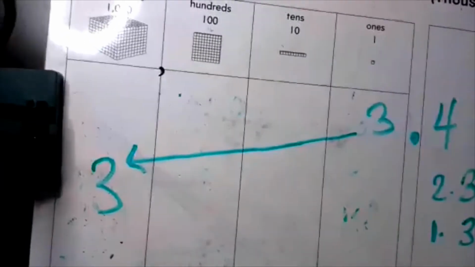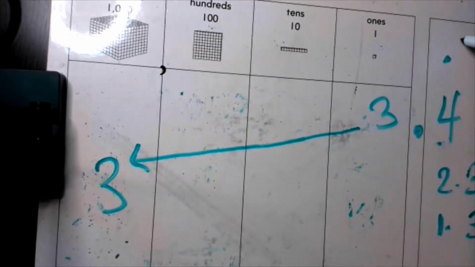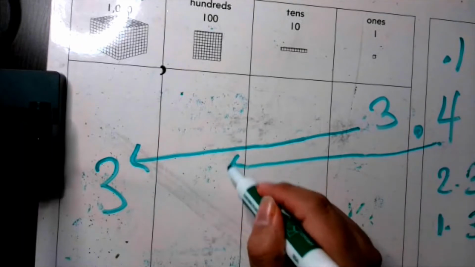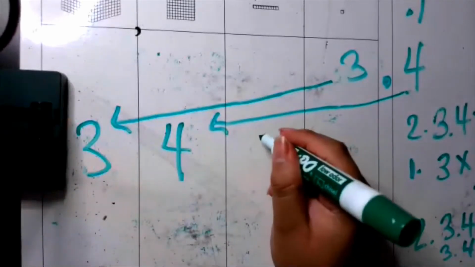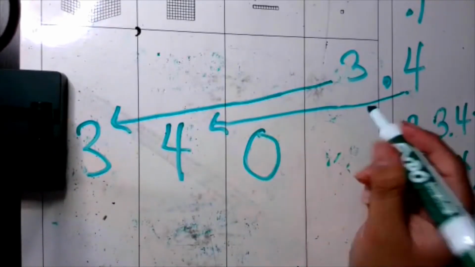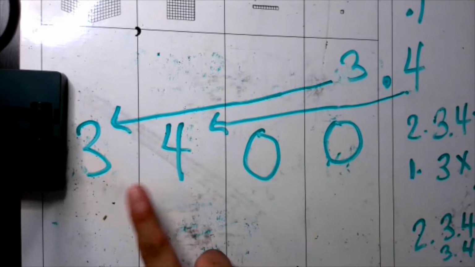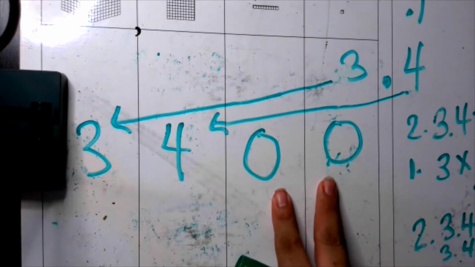My 4 shifts over from the 10th place 1, 2, 3 spots, and it follows right behind the 3. And in these spaces, I'm not going to leave it blank. I need to put a 0 in there, because even though we don't have zeros here, we still need to represent the value.